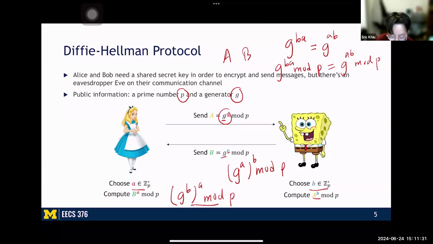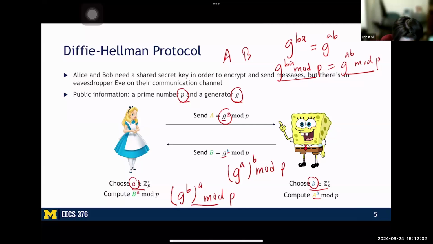And therefore, both of them will have the shared key that only they can compute, because these A and B are private, right? Anyone who only has P and G will find it very, very hard to figure out the actual key because they don't have A and B, unless they go through a very inefficient, exponential algorithm to find them.